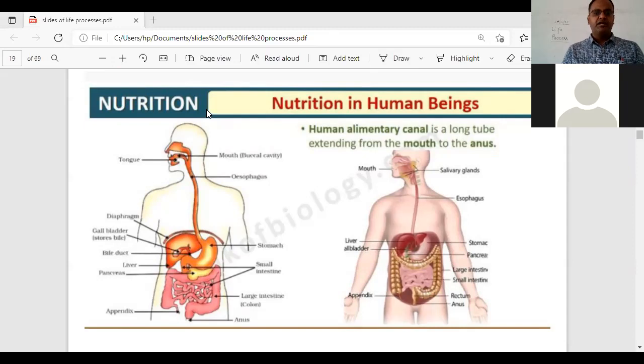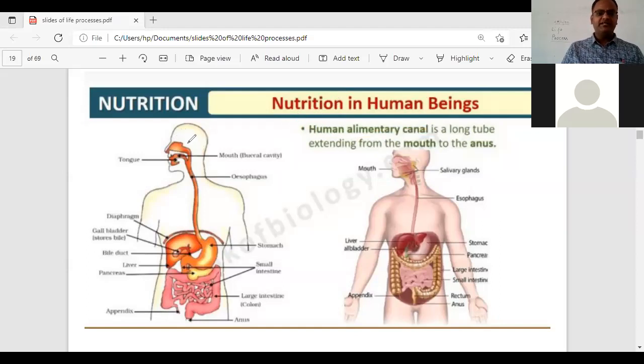Now here, students, you can see the image of the human alimentary canal. This term you are seeing: human alimentary canal. Remember, students, the human alimentary canal means a long tube extending from the mouth to the anus.